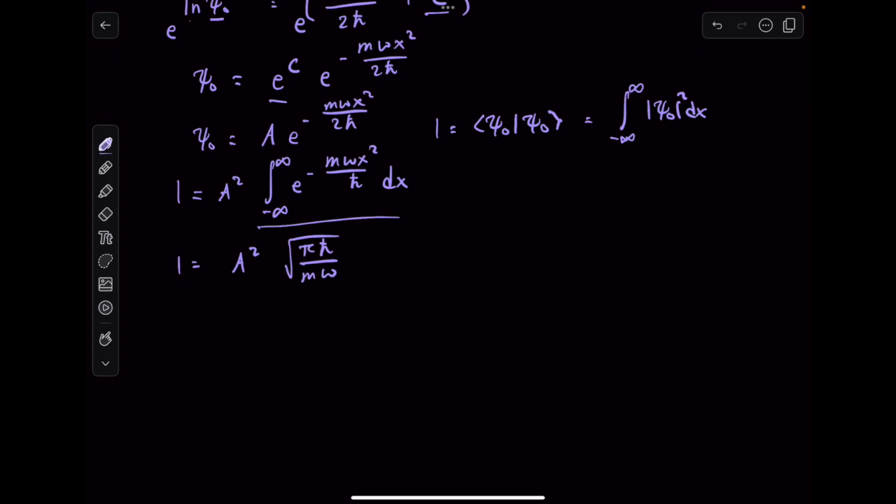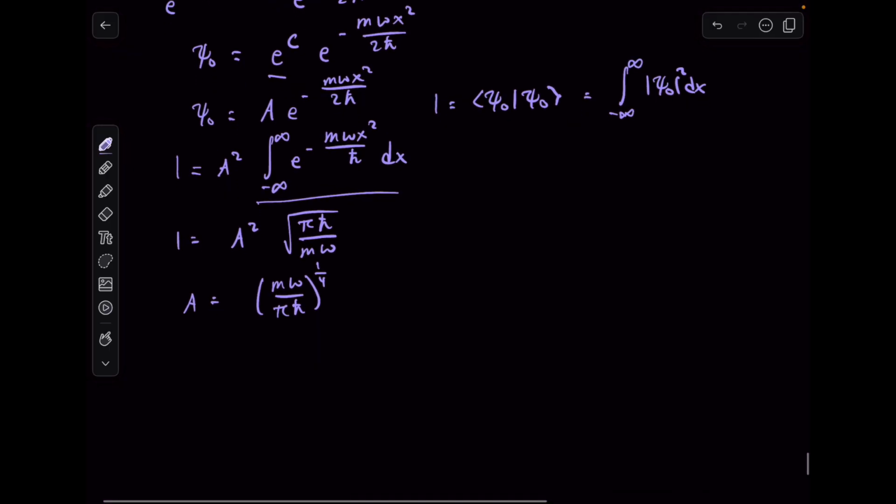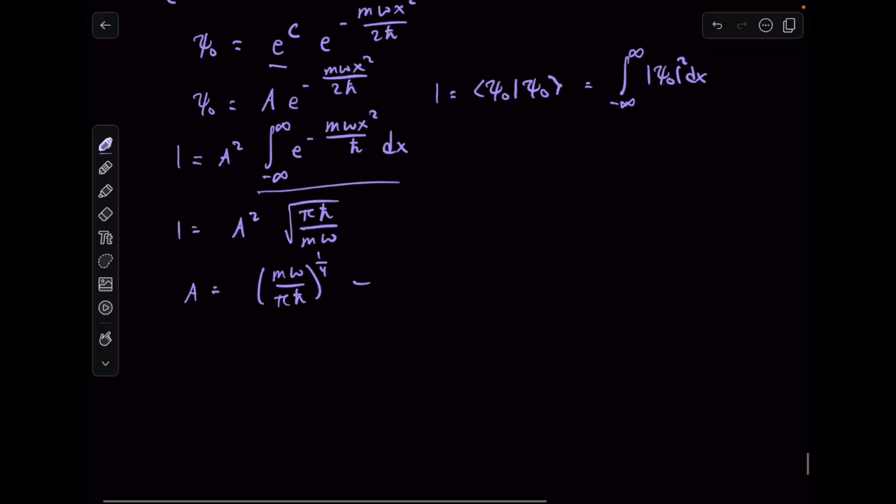So if we solve for A now, we'll have mass times omega over pi h bar to the 4th root. Okay, so now we can plug this back into our ground state, and we've obtained our ground state wave function fully.